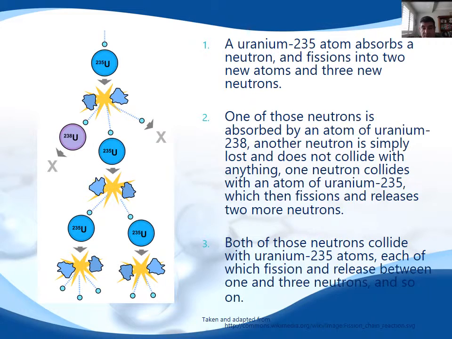The process is fairly straightforward. Uranium-235 absorbs a neutron, and it fissions into two new atoms and three neutrons.